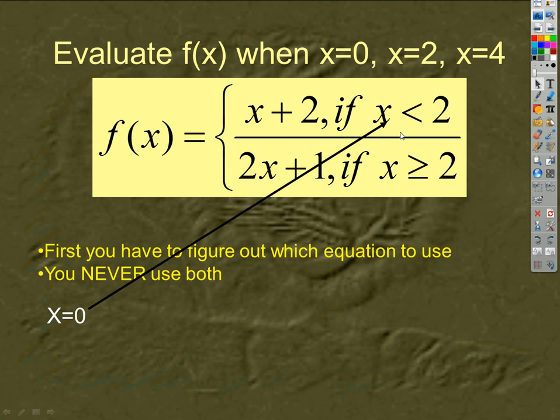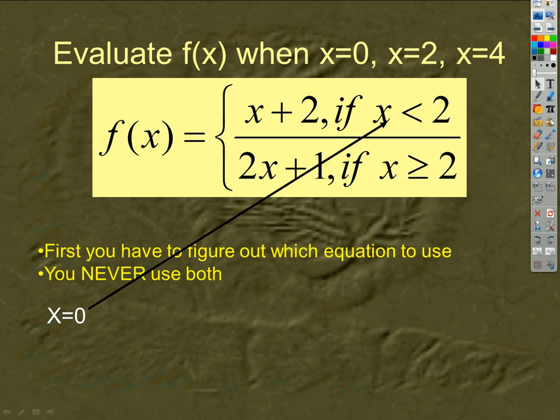So when x is 0, the first thing I have to do is look at the domains and see, okay, which is the one that switched on for that x value? Well, what's true? If I try to plug in a value of x equal to 0, is the top inequality going to be true or the bottom inequality? Is 0 less than 2 or greater than or equal to 2? It's less than 2, right?